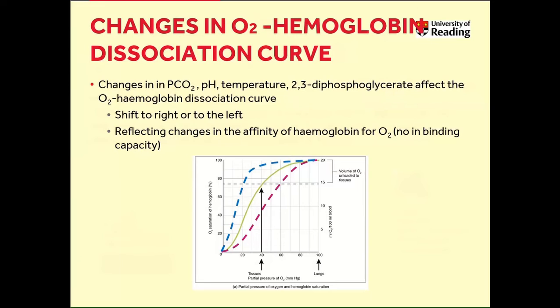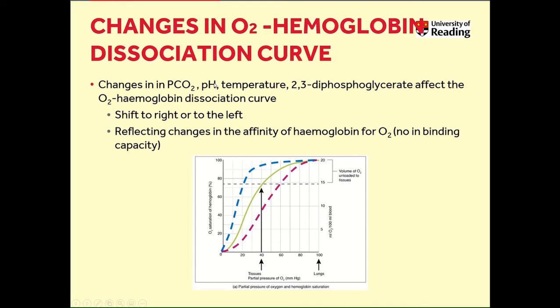Now, this curve can change, and changes in partial pressure of carbon dioxide, pH, temperature, and 2,3-diphosphoglycerate affect the dissociation curve, affecting the affinity of hemoglobin for oxygen.